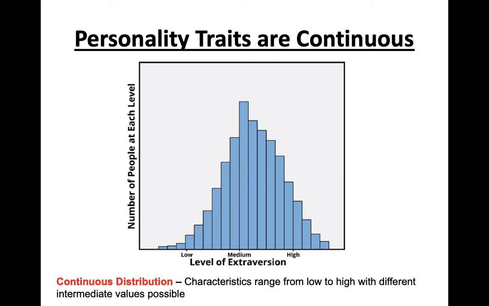That is, most people have a medium amount of extroversion, with only a few people, the very extreme extroverts, scoring very high, and fewer people, that is, people that you would consider very extreme introverts, scoring very low. So personality traits are conceived of as a continuum.